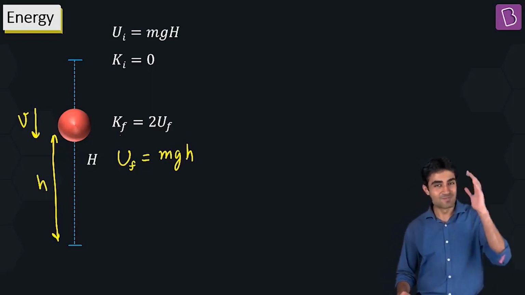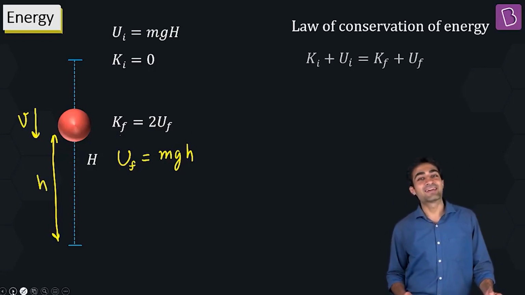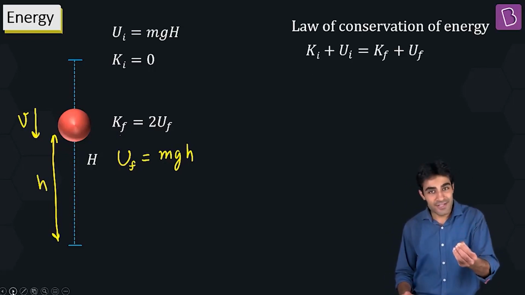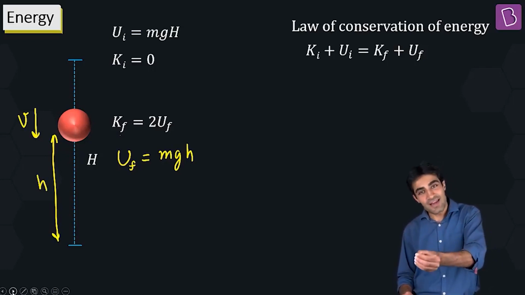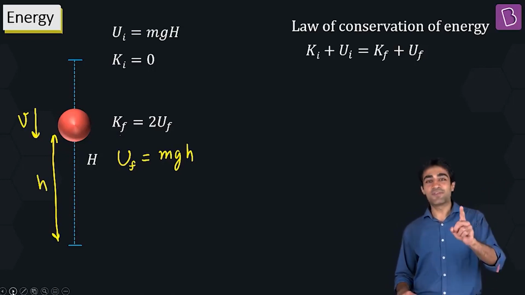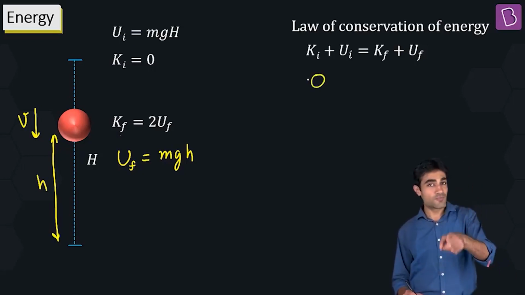Now let us go to the conservation of mechanical energy. The sum of initial kinetic energy and potential energy is equal to the sum of final kinetic energy and potential energy. Initially the kinetic energy was 0, as the particle was released from rest.